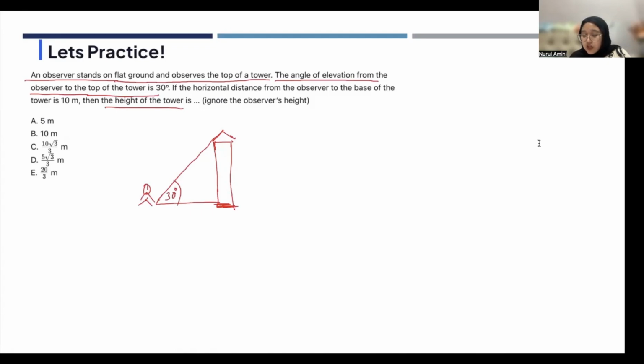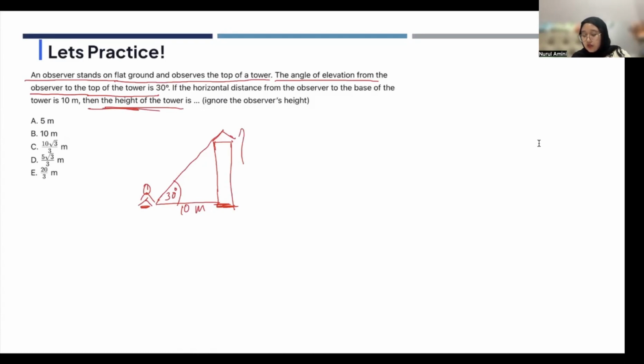Next, the horizontal distance from the observer to the base of the tower is 10 meters. This is the observer here, and this is the tower. The distance from the observer to the base of the tower is 10 meters, so here, 10 meters. Then the height of the tower.